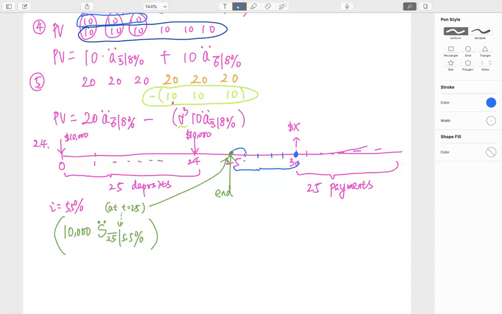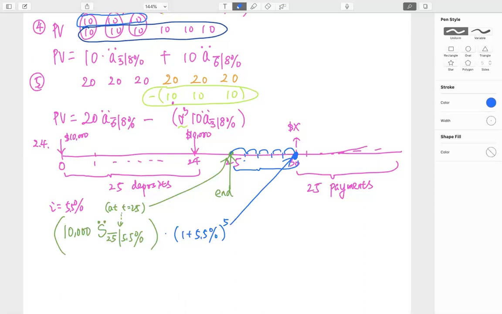How many? 1, 2, 3, 4, 5. Right. So you accumulate by 5 years. So now I am sitting at 30. Okay. So now the value after accumulating by 5 years, I'm sitting at time 30 years.